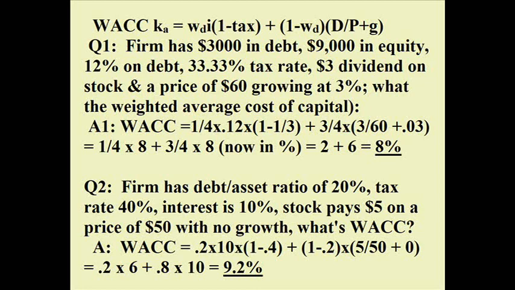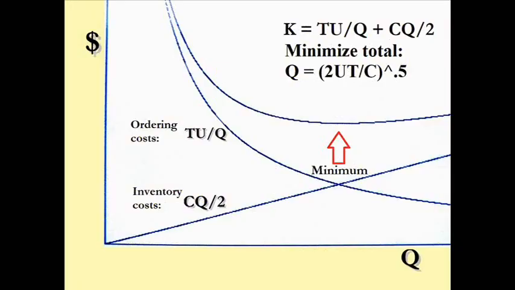Its weighted average cost of capital, well, that's 20% times the 10% times 1 minus the tax rate of 40%, doing the decimals here, and the weight in equity is 80%, 1 minus the 20, and the cost of equity is 5 over the 50, that's 10, plus 0 is still 10. Weight them out, we get 9.2%. Use these if you're using funds for both equity and debt, perhaps for project evaluation.